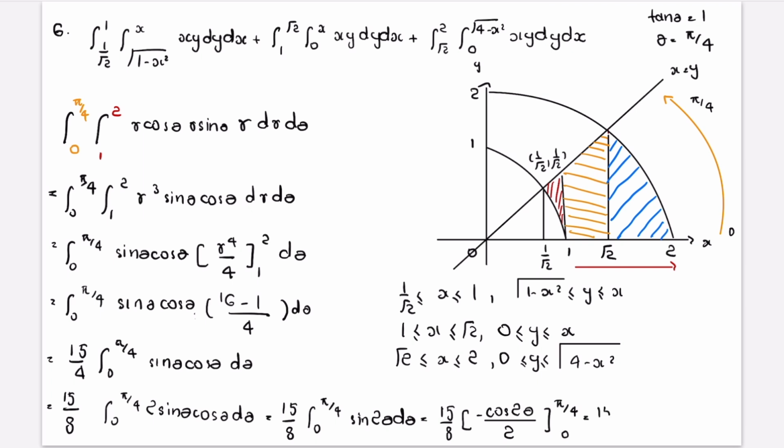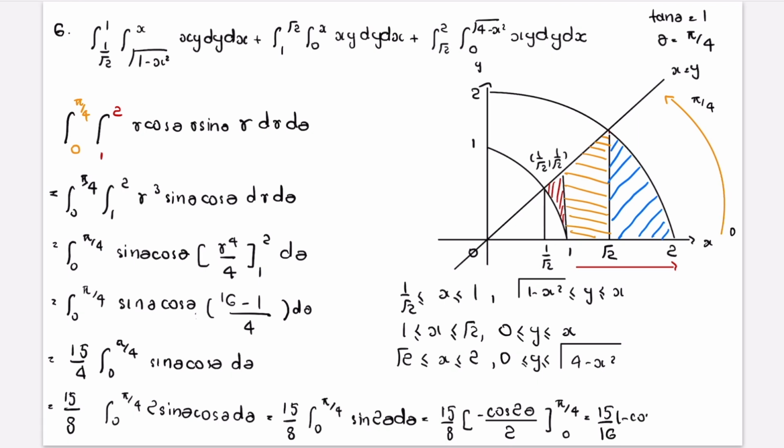So we get 15 by 16 times minus cos 2 into pi by 4, which is pi by 2, plus cos 0. Cos pi by 2 is 0, right? And then cos 0 is 1. So 0 plus 1 is 1, and then 1 into 15 by 16 is 15 by 16. Yeah, so this is the answer of that question.